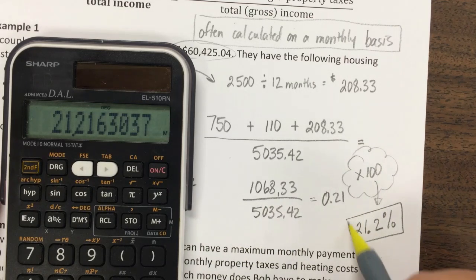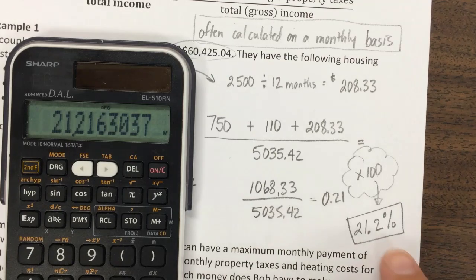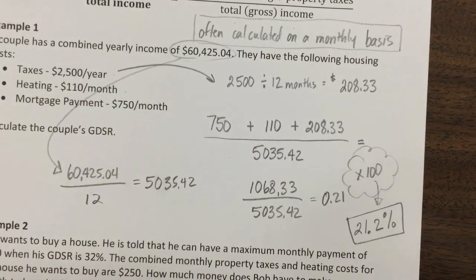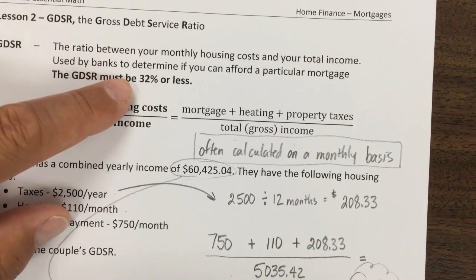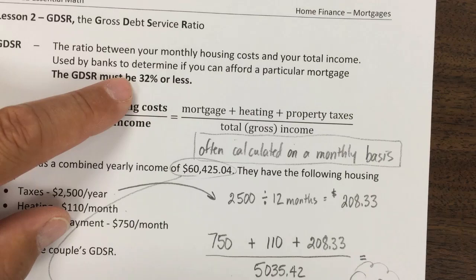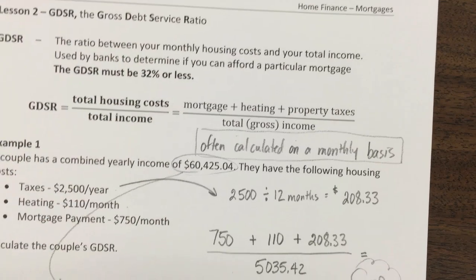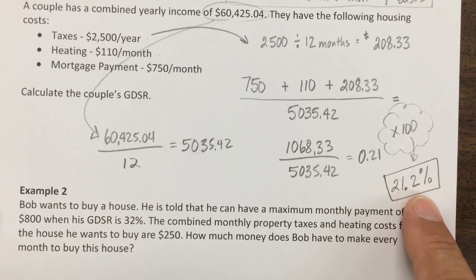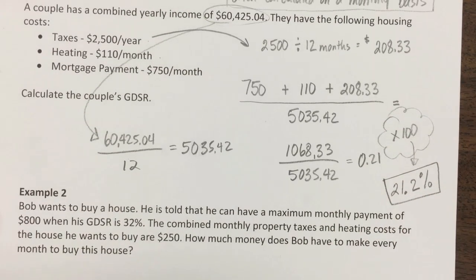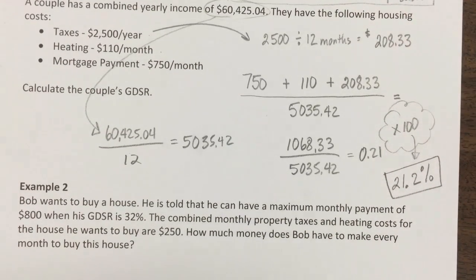That is our gross debt service ratio. Now, 21% is far less than 32%. That is kind of like the threshold. We're below the threshold, so we're in a good position here for this person. They're going to be financially sound here. This is going to be a mortgage payment they can easily handle given their income.